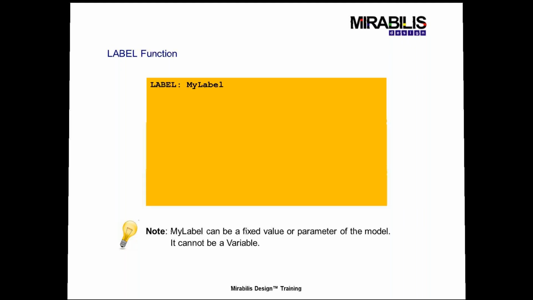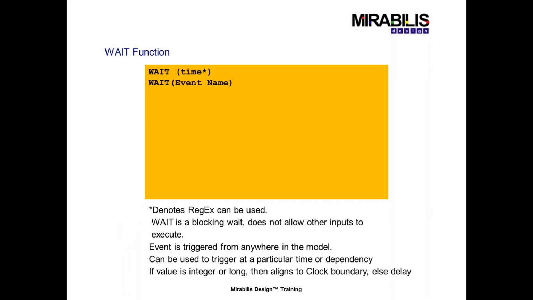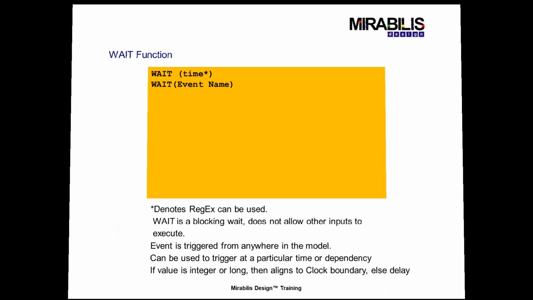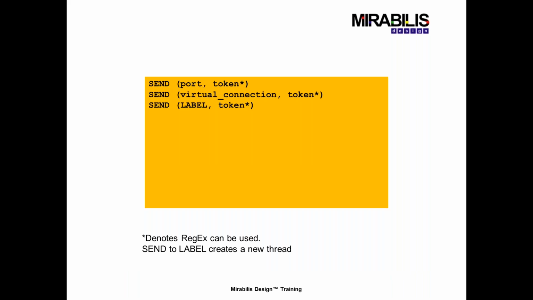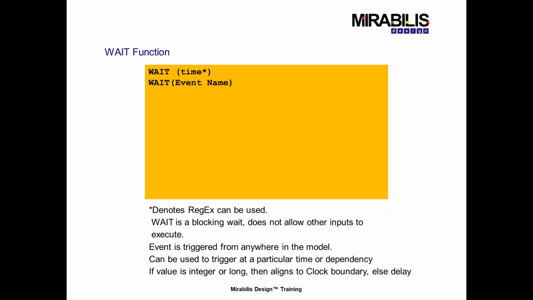Wait function. The wait function can be a time, or it can be an event. An event is something where somebody else can generate an event using this function called event, and can trigger it from anywhere in the model.